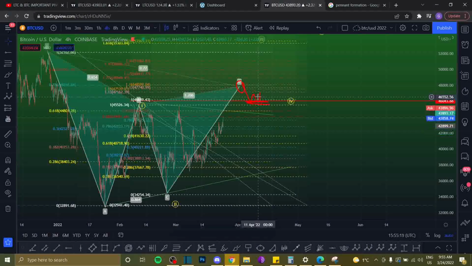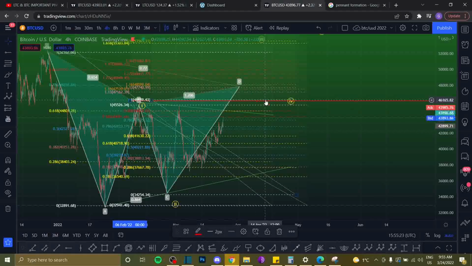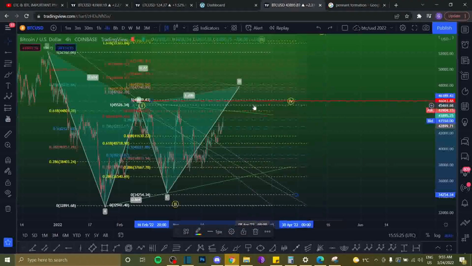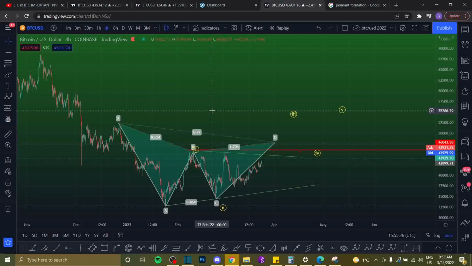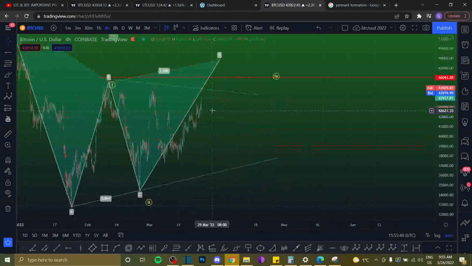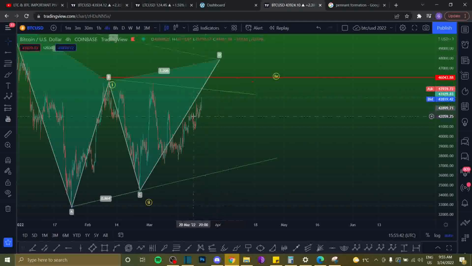So let's now assume price action fails to break above these bullish pivot points that we discussed, and it makes another lower low. What this would mean in most simple terms is nobody's willing to buy Bitcoin at this price.